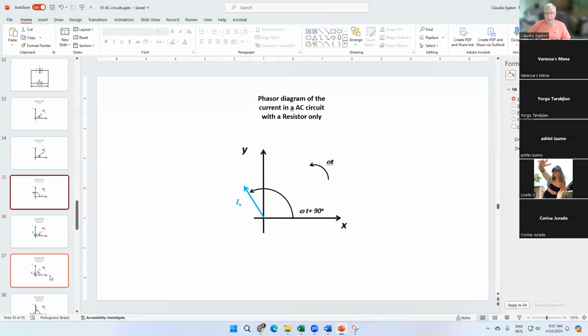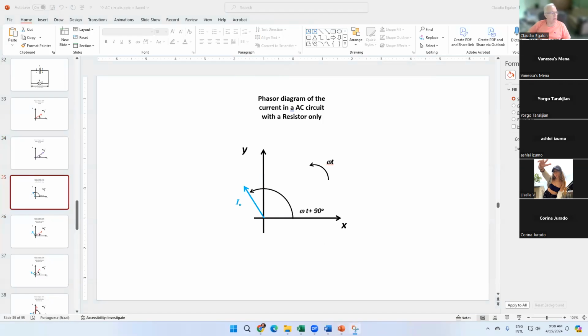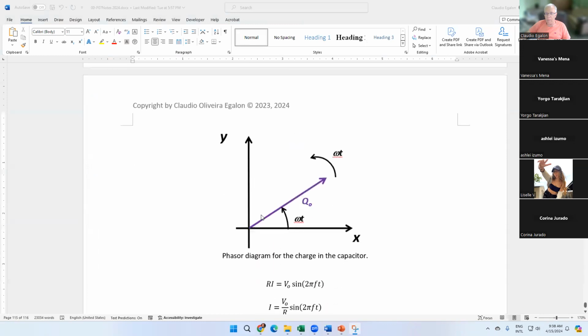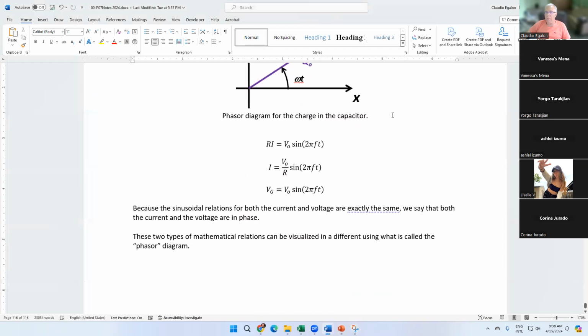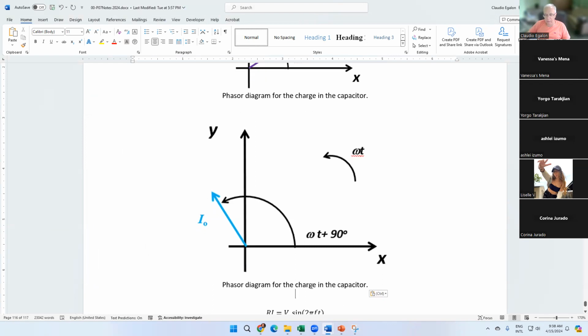And then we finally get the phasor diagram for the current in the capacitor, like that.